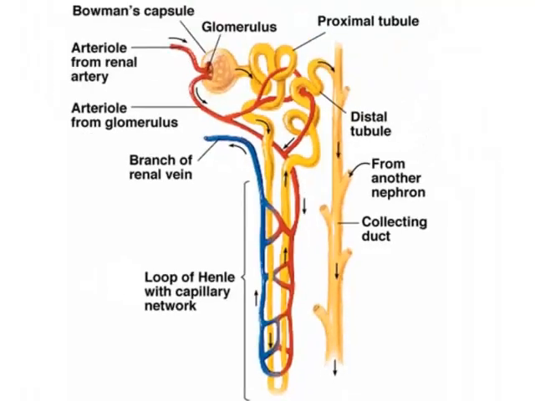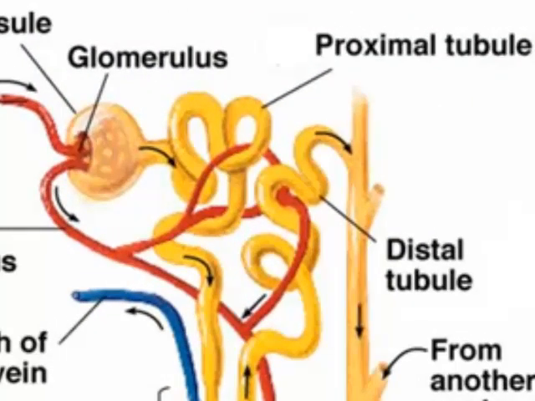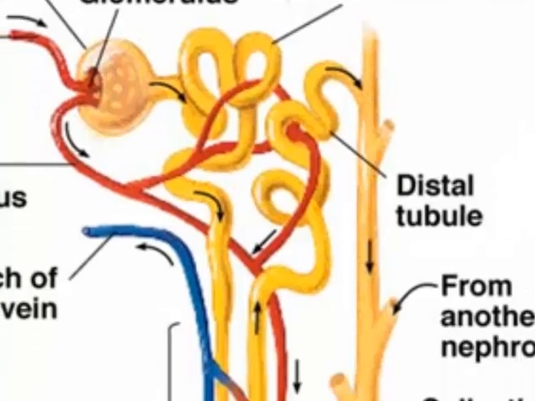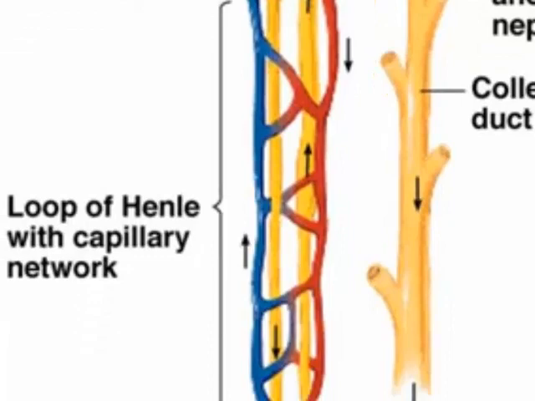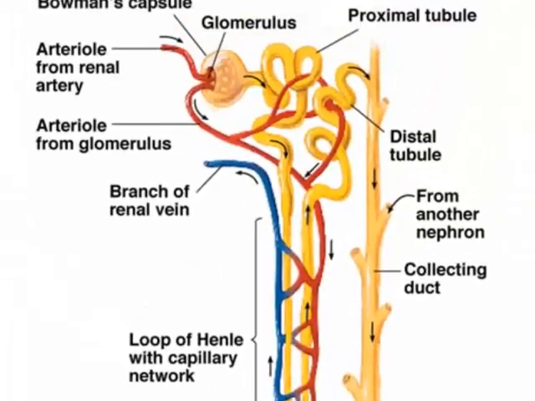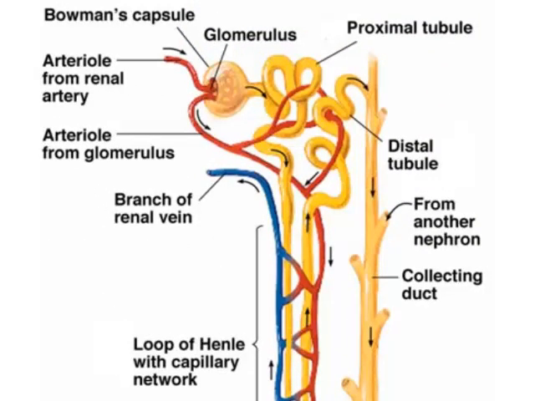So what you have is a yellow tubule, and the yellow tubule is surrounded by a capillary network of blood vessels. So, how could we describe the structure of the nephron? We have to describe the structure of the nephron together with the structure of the blood vessels.